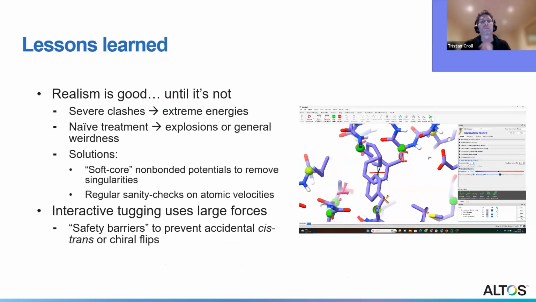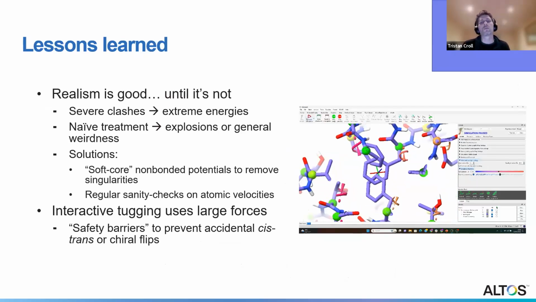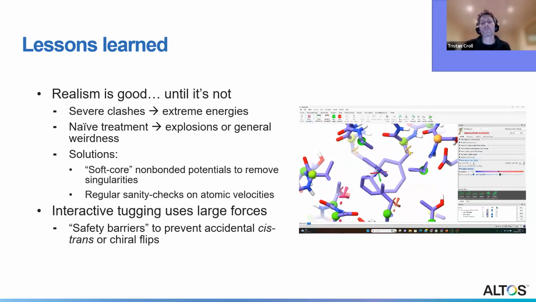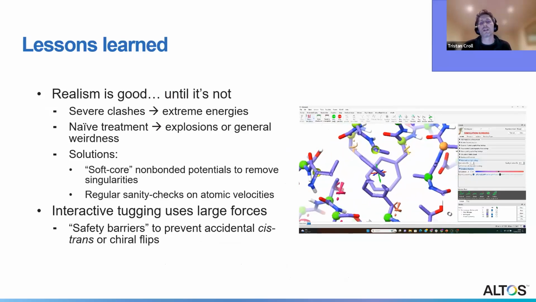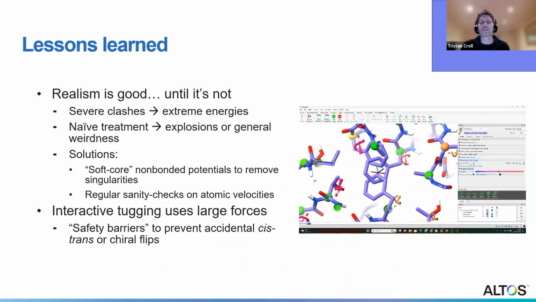So some of the lessons I've learned. Realism is good, can be very good until it's not. Where it becomes a real problem, of course, is when your model isn't yet good enough. Your vanilla molecular dynamics force fields can become a real pain.